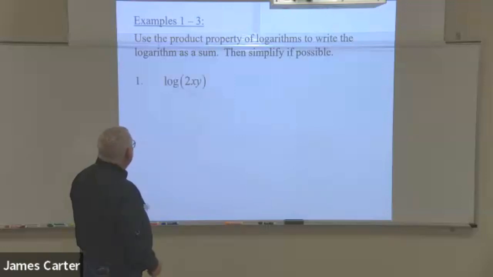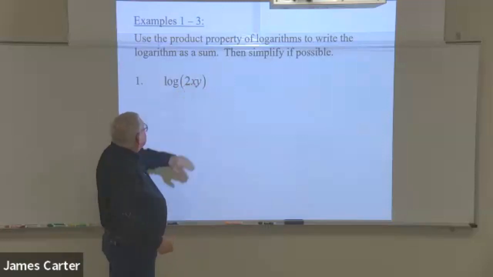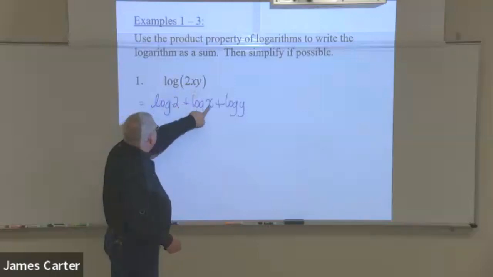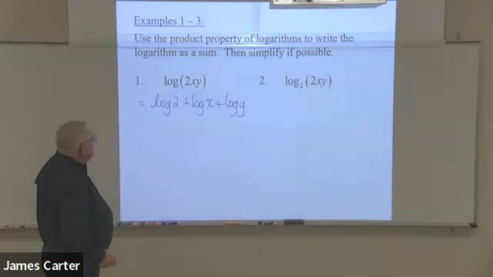Now, if we want to expand this, in this particular case, we've got three factors multiplied together. So we have log of 2 plus log of x plus log of y. Okay.